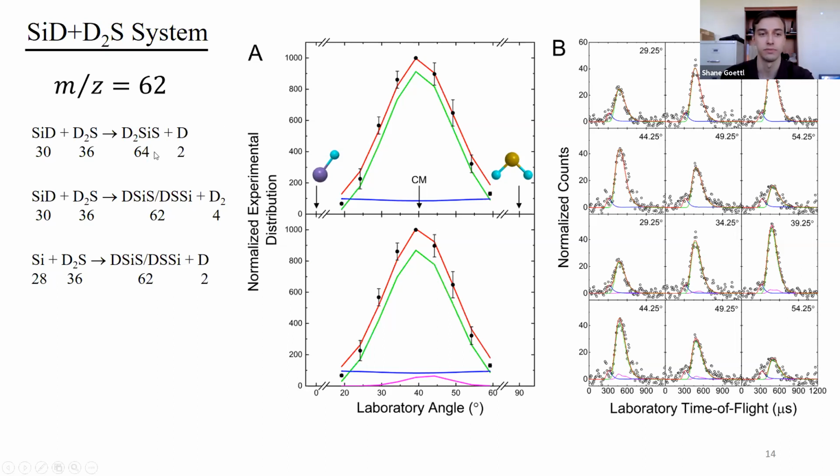We could get signal from a fragmentation from our D2SiS D-loss channel. We could have D2 loss itself, so for the product DSiS or DSSi. We could also have contribution from a silicon plus D2S reaction because our SiD molecular beam also has silicon in it.